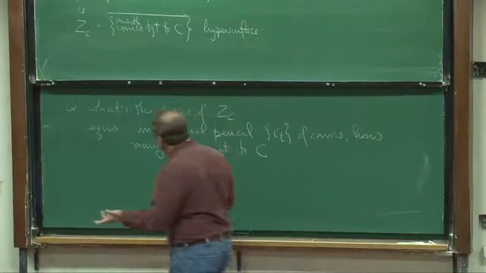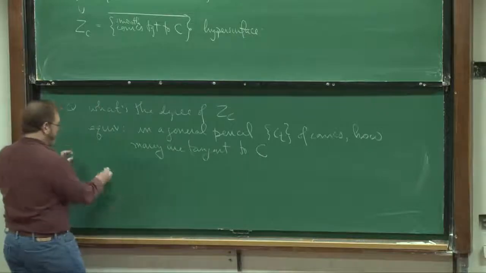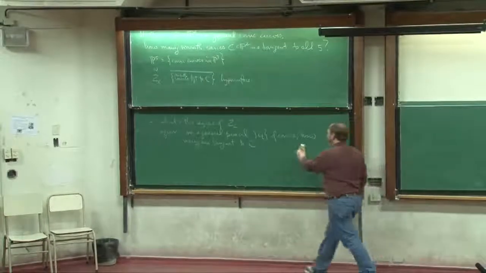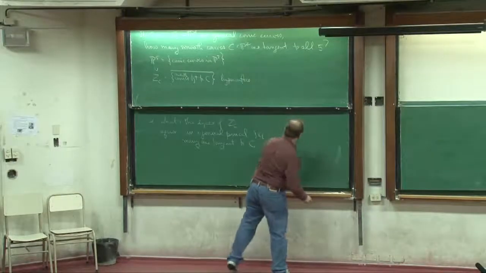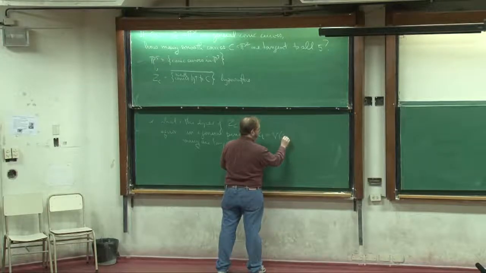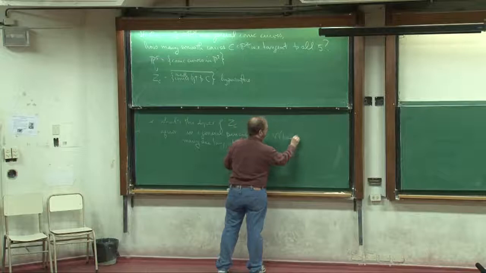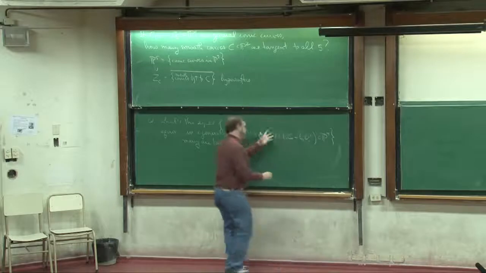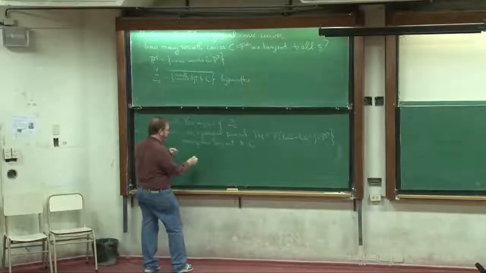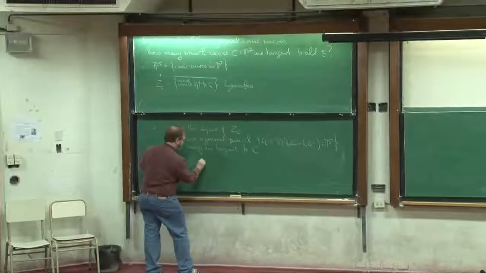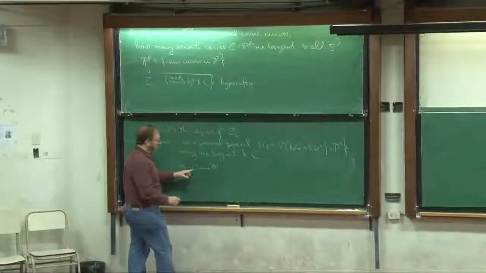If you want to say it a little differently, but it amounts to the same thing, let's give these conics names, C sub t. We can write them as the zero locus of a quadratic polynomial: t0 Q plus t1 Q prime in the plane. Another equivalent way to express this is to say that the ratio Q over Q prime is a rational function on the curve C, which gives a map from C to P1 of degree 4.